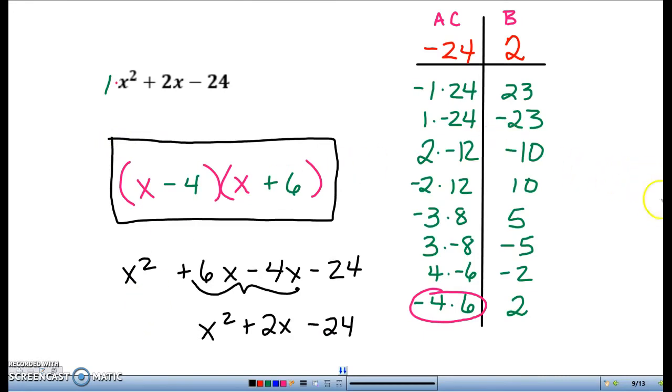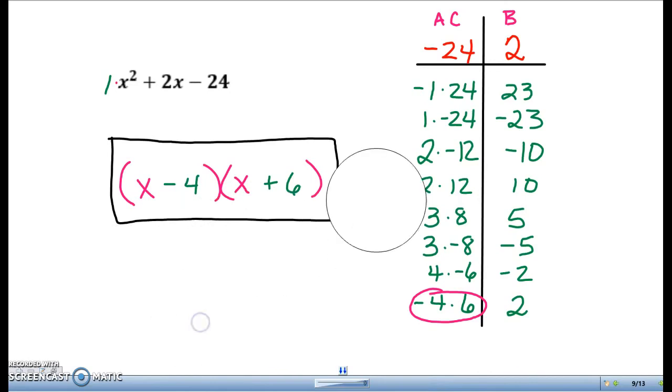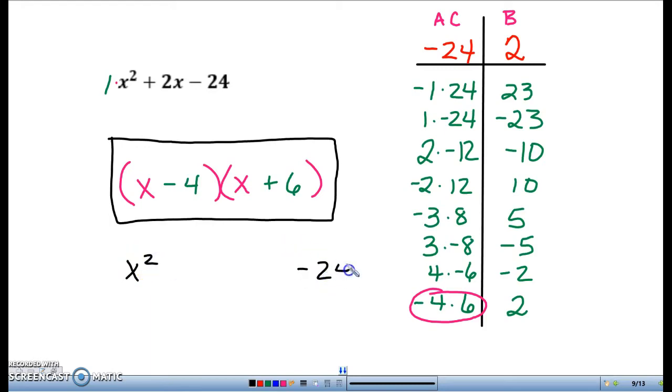Okay, I want to show you real quickly, I'll just do this one more time, the factoring by grouping thing, because it will help us when we get ready to factor when your a is a number other than 1. What we do is we'll replace that middle term, the 2x, with a negative 4x and a positive 6x.